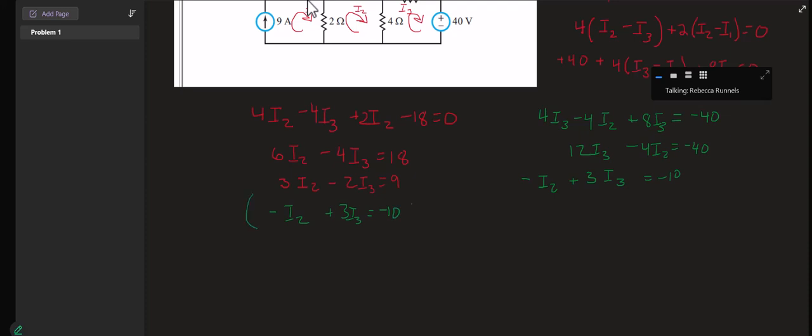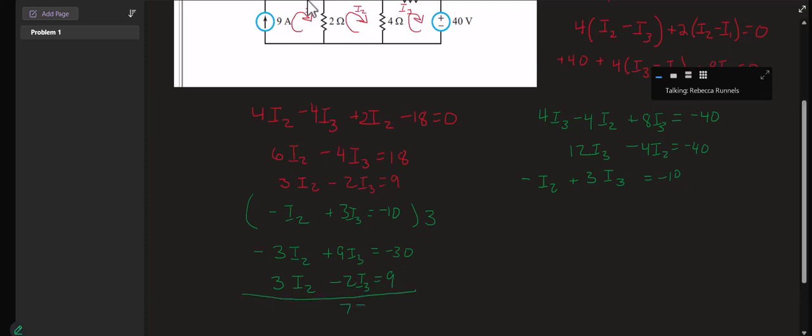I think I can solve this. So minus 3I2 plus 9I3 equals negative 30. And then I will add that to my other equation, which was 3I2 minus 2I3 equals 9.